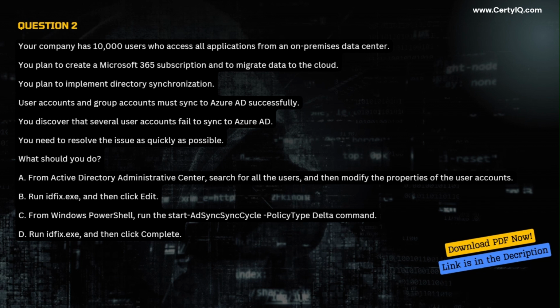You need to resolve the issue as quickly as possible. What should you do? A. From Active Directory Administrative Center, search for all the users, and then modify the properties of the user accounts. B. Run idfix.exe, and then click Edit. C. From Windows PowerShell, run the Start-ADSyncSyncCycle -PolicyType Delta command. D. Run idfix.exe, and then click Complete.